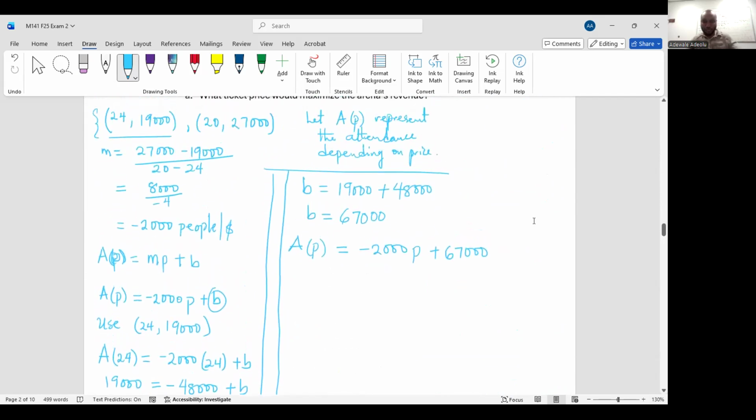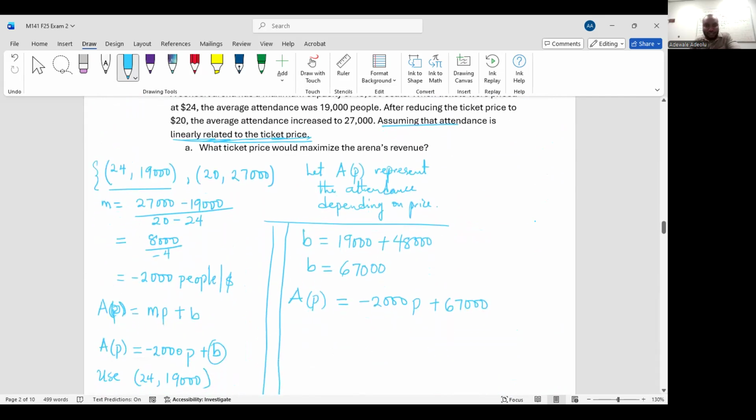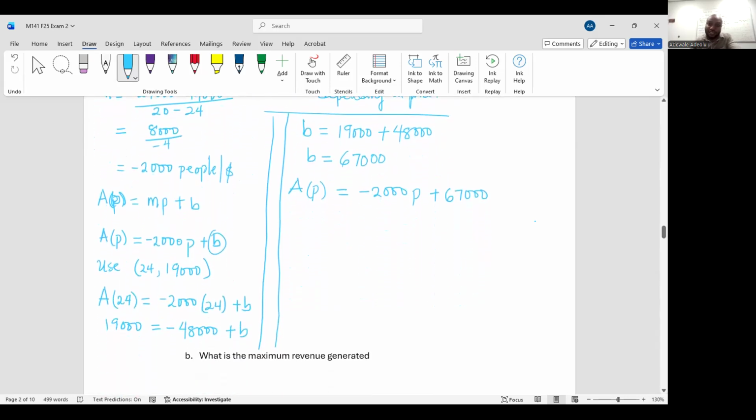Okay, now what do we know? What do we need to do? What ticket price would maximize the arena's revenue? So how do we find revenue? How do we generate revenue in our business?